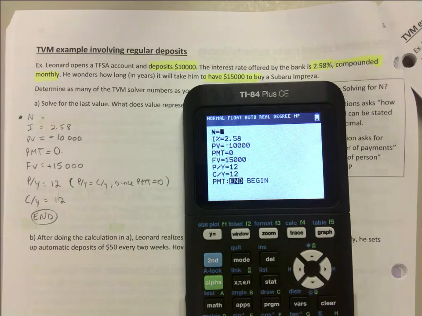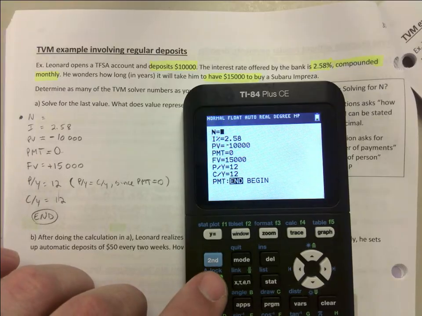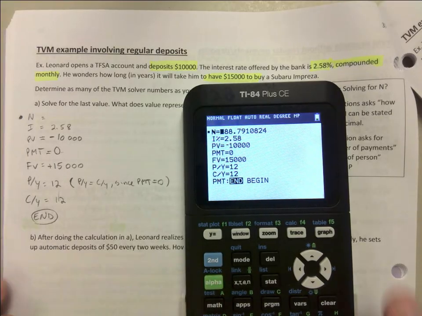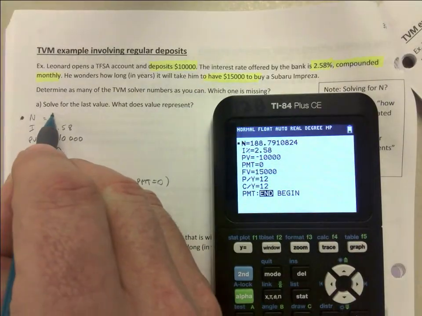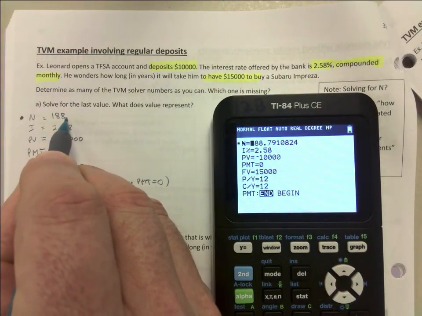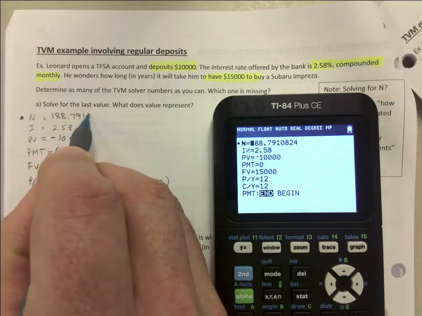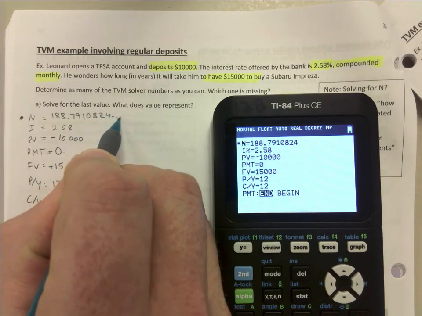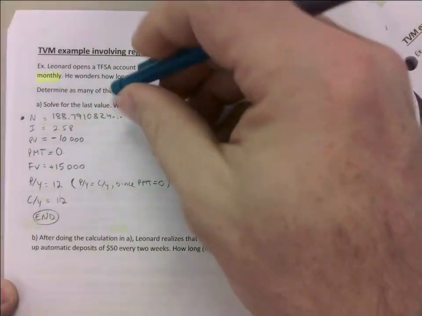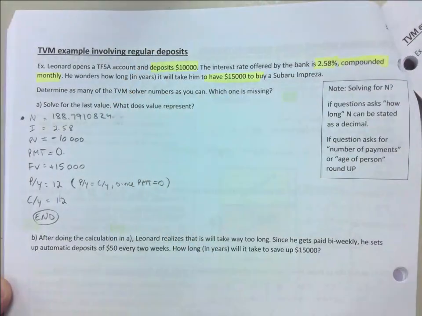Do you remember what N is? PY times years, right? That's how you find it. So the time is in there, but we can't tell for sure right off the top. So we're going to go alpha, enter. We're going to solve for it. And we're not going to round just yet. And it stops, I don't have more decimals there. That's it.